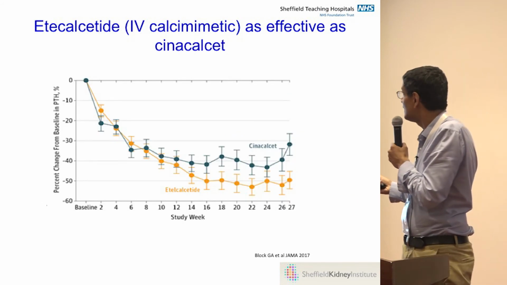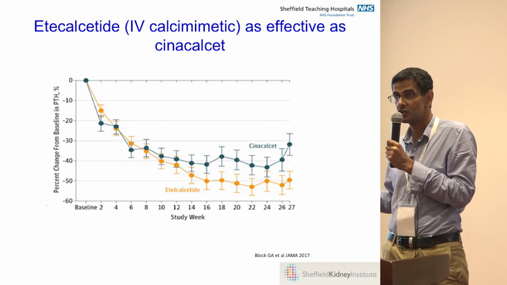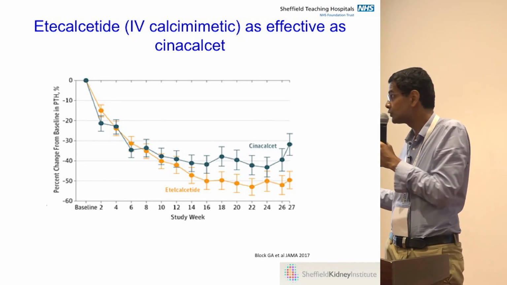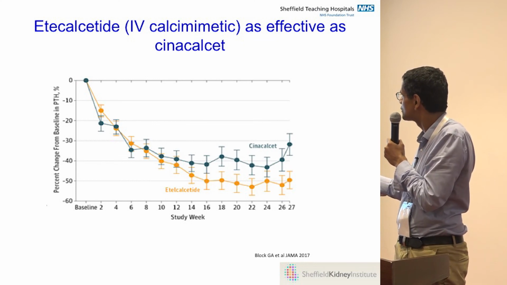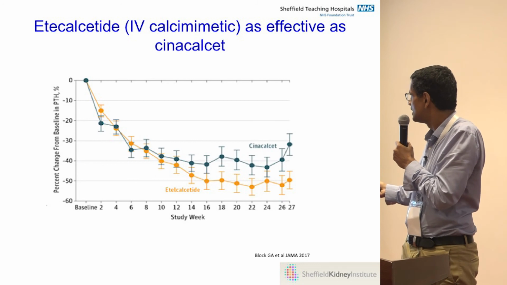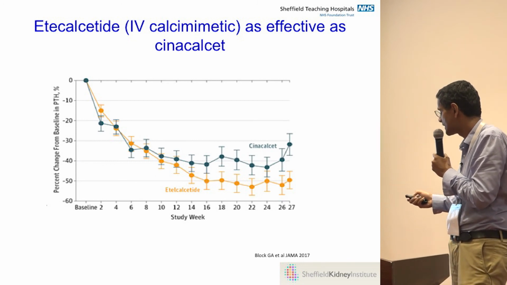And cynically, I think that as the patent for cinacalcet is running out, cinacalcet should become much cheaper soon. Amgen have introduced a new calcimimetic, which is extremely expensive, etelcalcetide, but that works in a very similar way and suppresses PTH in a very similar way.